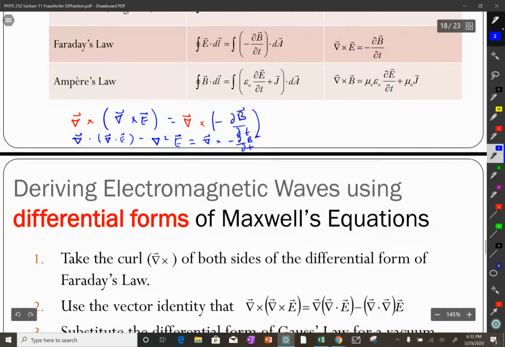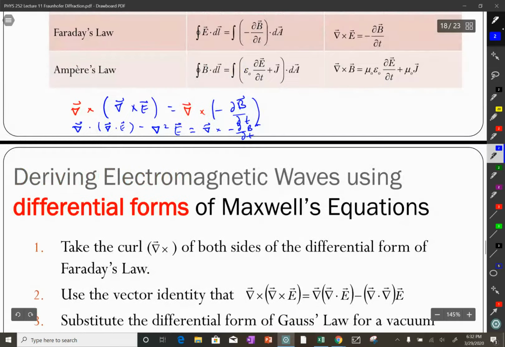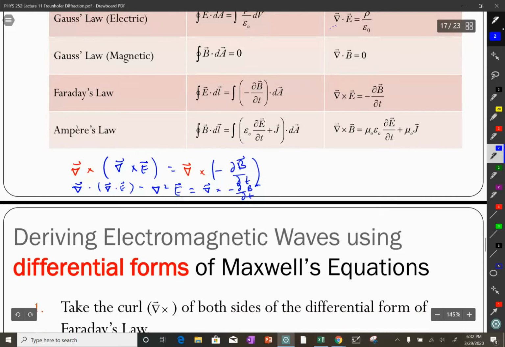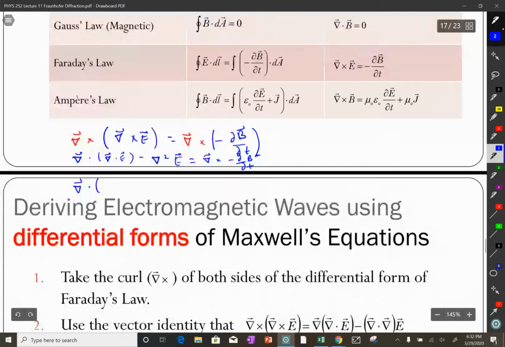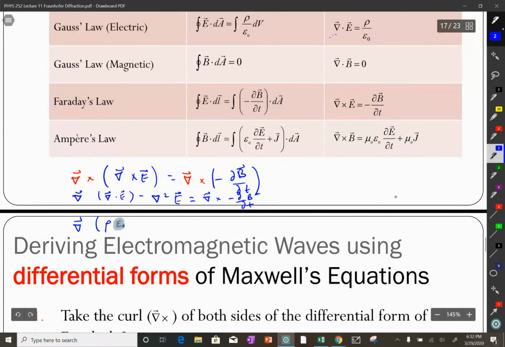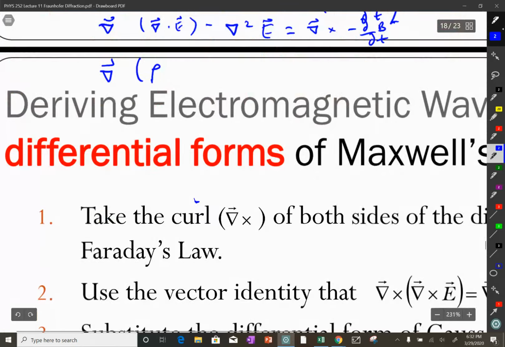Okay, that seems good enough, but what we're going to now do is rearrange. So first of all, del dot E, if we plug in, del dot E is rho over epsilon 0. Wait a minute. Del times, not del dot. That's not a vector. That wasn't supposed to happen.